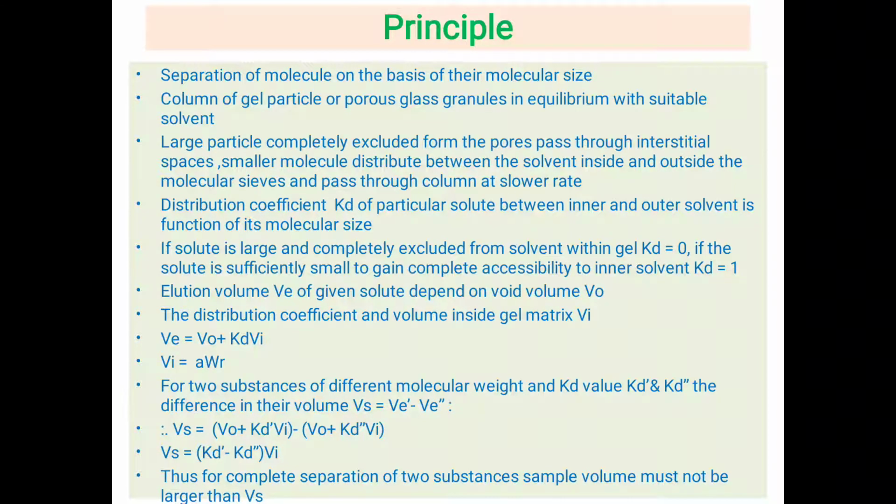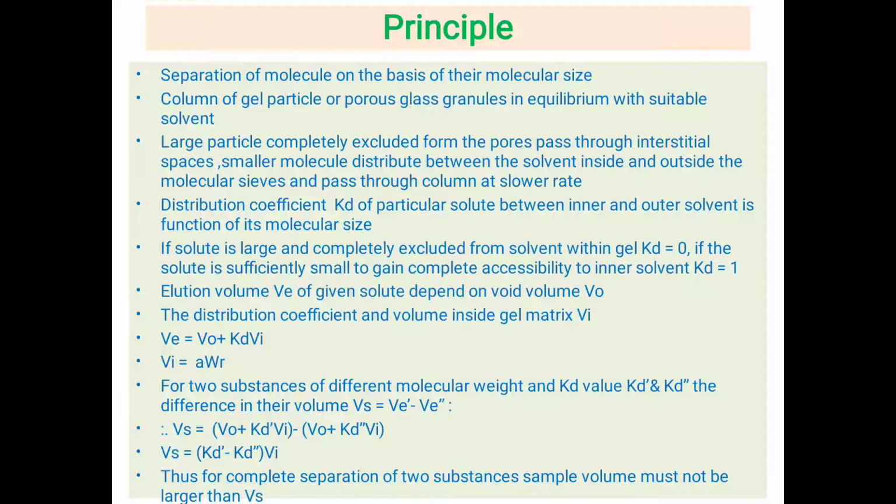Therefore the elution volume is equal to V0 plus Kd into Vi. The inner volume Vi can be calculated from the dry weight of the gel and a water regain value, Wr. Therefore Vi is equal to a into Wr.